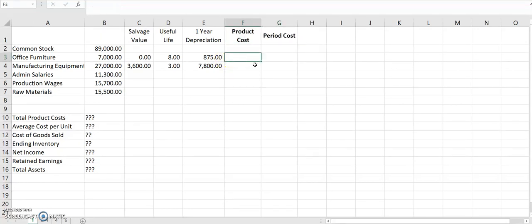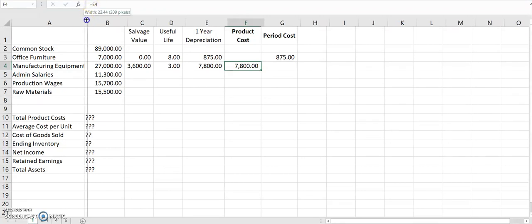So our office furniture, that's an admin cost, that is period. Our manufacturing equipment, we're using that to produce our goods, so that is going to be a product cost in the form of our overhead. That's going to be our factory overhead element for this particular question.